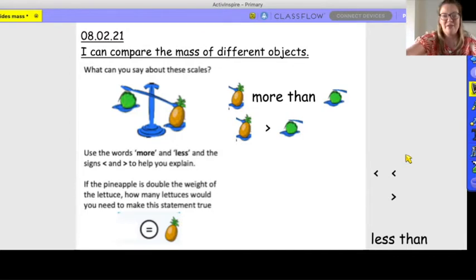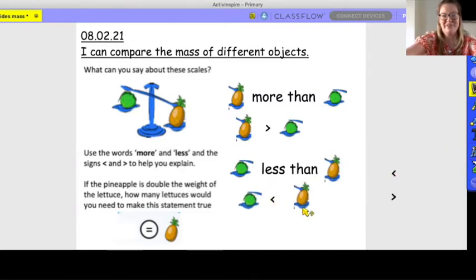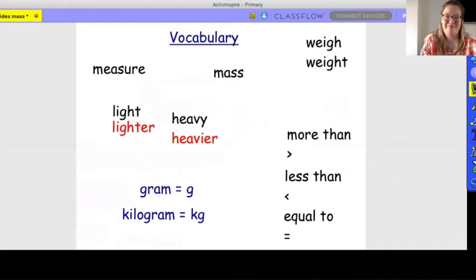Now, some of you might have said it the other way round. Some of you might have said that the lettuce was less than the pineapple. Well done if you solved this one yourself. Well done. Now let's have a look at the next problem together.